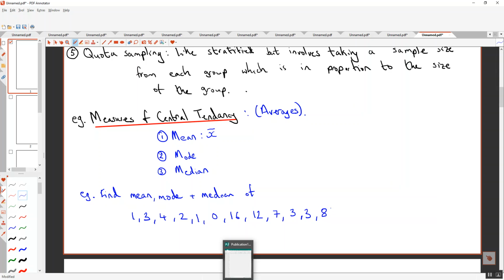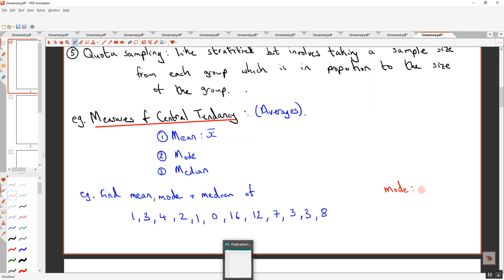Okay, so there's our numbers. Now the calculator will work out the mean and the median, which is good because they're probably the hardest ones to work out. From this, I can see what the mode is. You can tell me the mode. Yep, the mode is 3 because it occurs the most often.